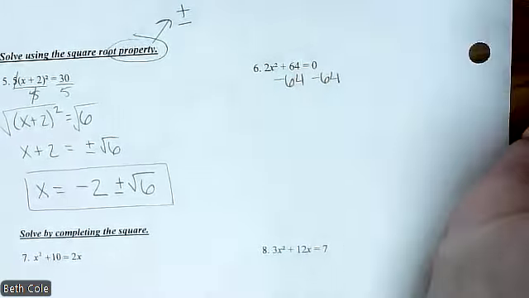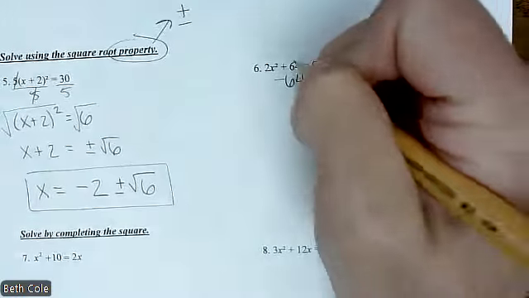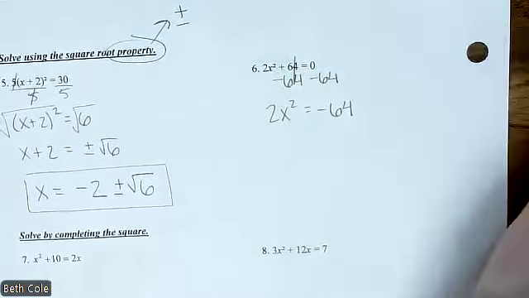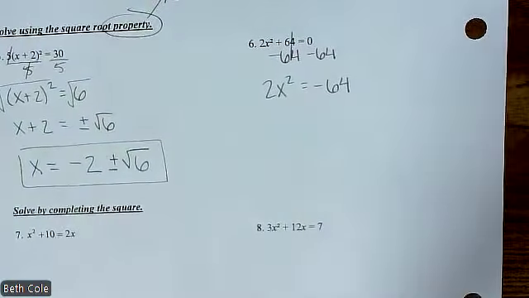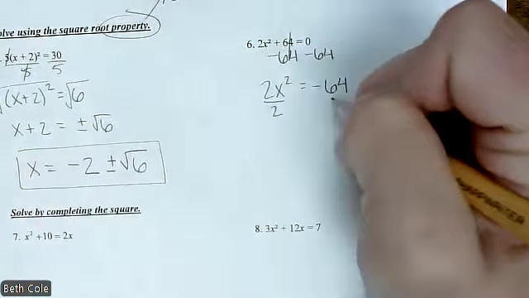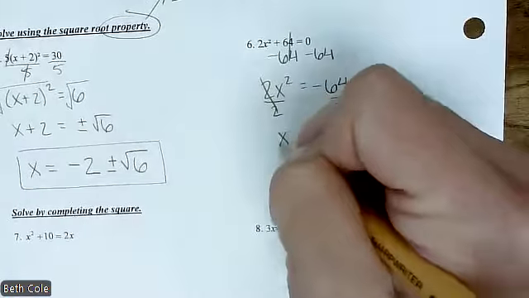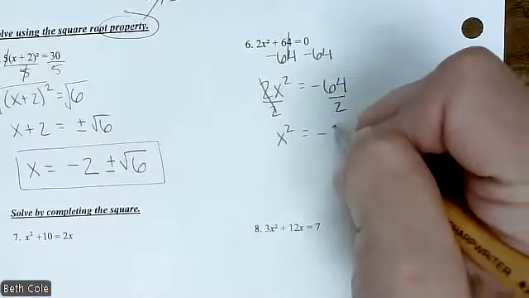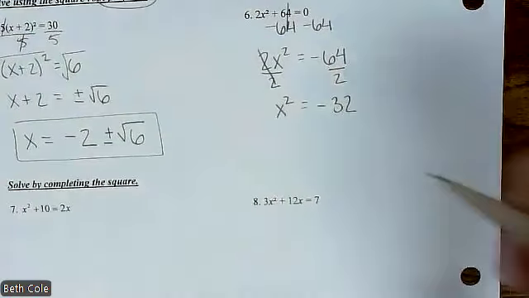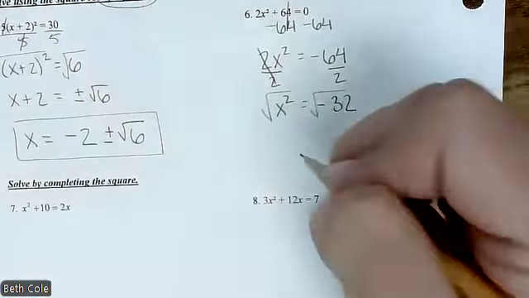I heard people saying the other steps were just not there yet. So subtract 64, we would get 2x squared equals -64. Divide by 2. Good. Perfect. So x squared equals -32. And then last step, square root.